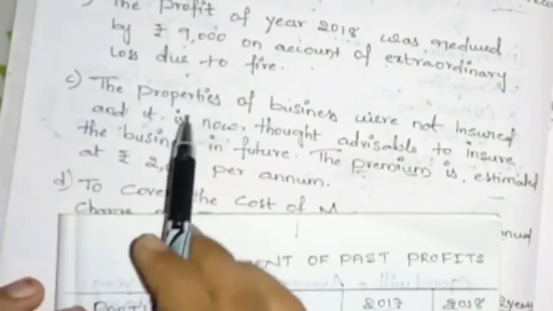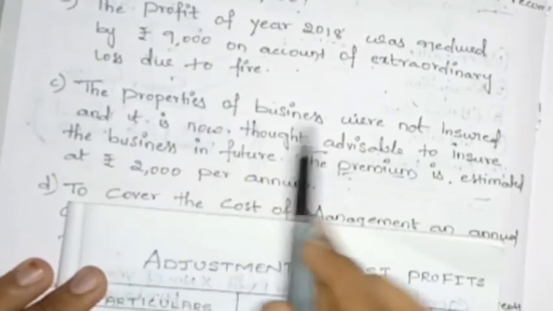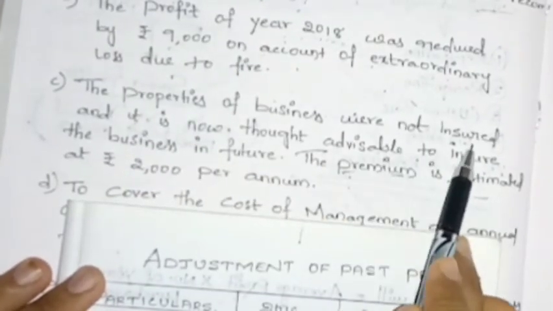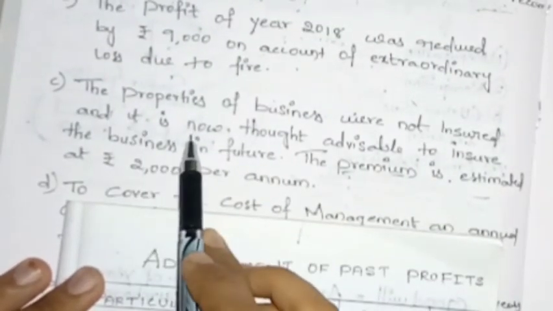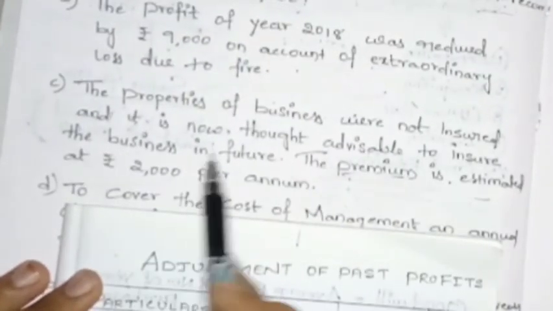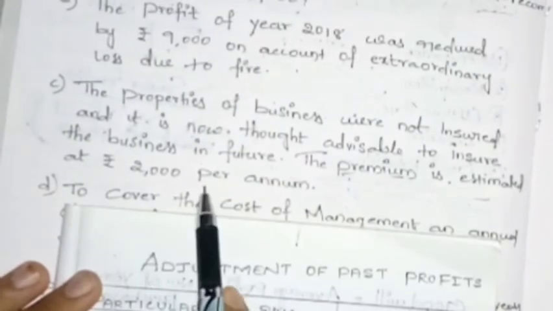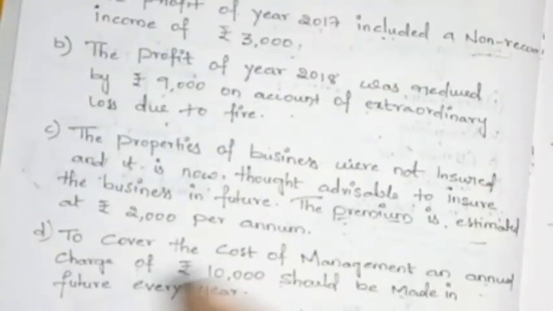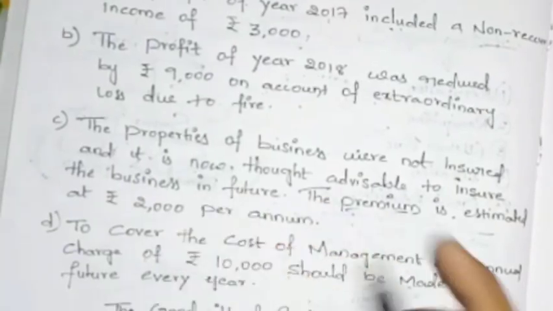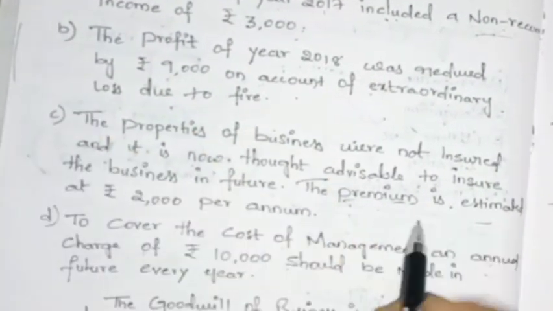And then here we have a third adjustment, that the property of the business was not insured and it is now thought advisable to insure the business in future. The premium is estimated at rupees 2,000 per annum. Okay. So now here they are saying that they are going to insure the business in future. This is an expense, right?